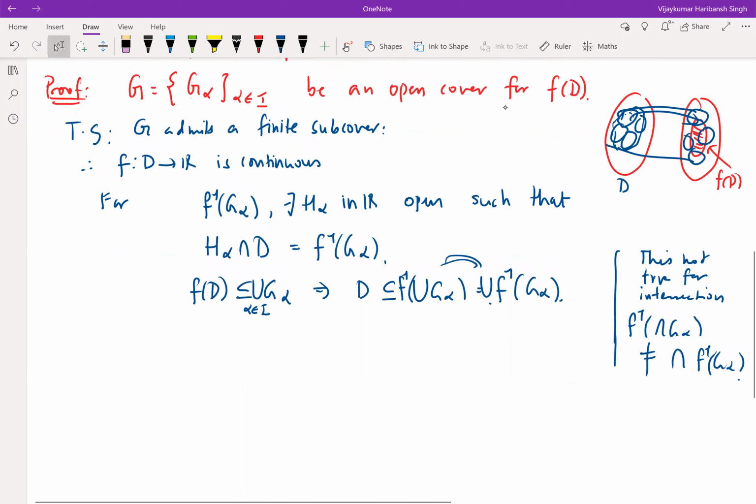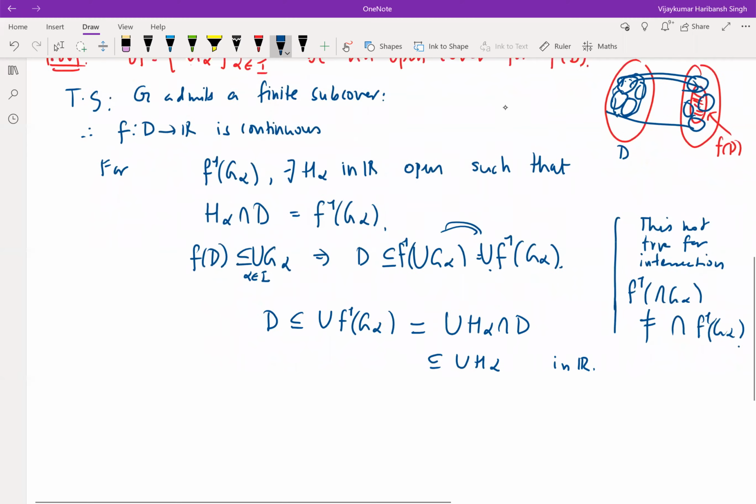So we have that D is contained inside the union of f inverse of G alpha, which equals the union of H alpha intersection D, which is contained inside the union of H alpha in R, right?